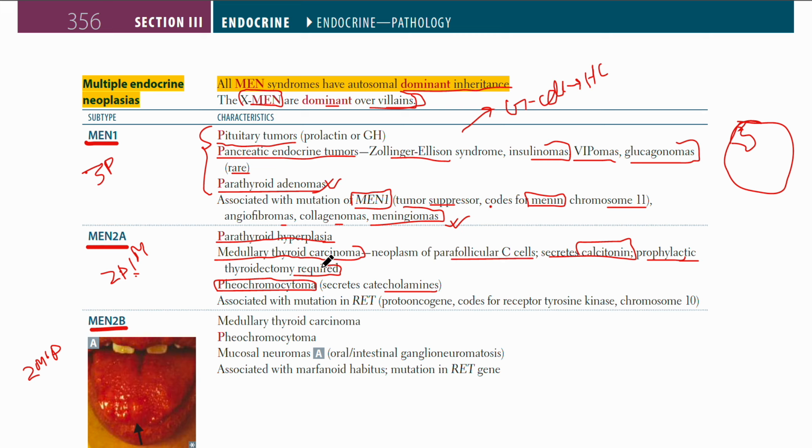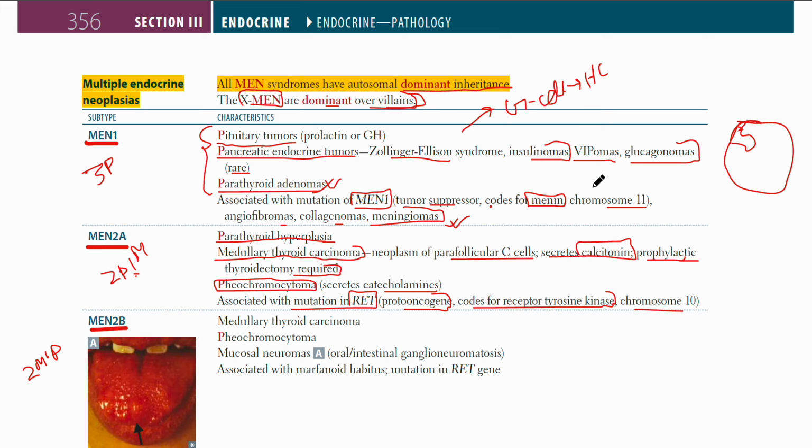There are a lot of mnemonics, like 10 things in here, so I have made a video, you can check it out. It is associated with mutation in the RET gene, which is a proto-oncogene. I have made a video on remembering proto-oncogenes and also tumor suppressor genes if you haven't watched it. It codes for receptor tyrosine kinase, which lies on chromosome 10.